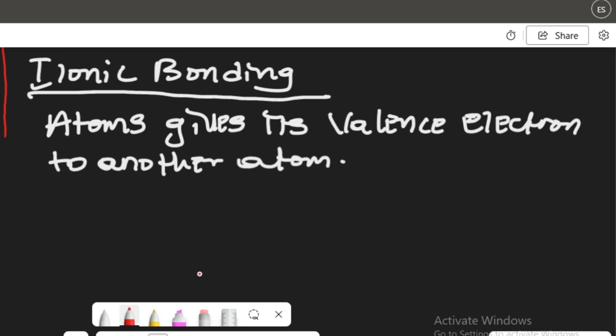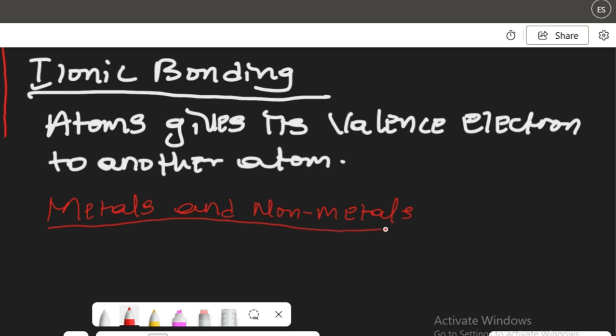And this bonding usually occurs between metals and non-metals. So it is usually between metals and non-metals.